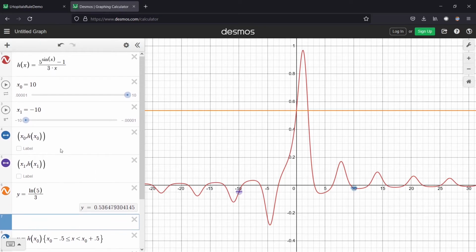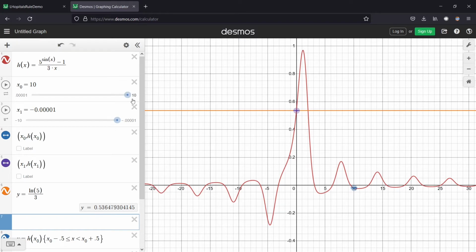And sure enough, as we take the limit from both sides, the limit from the left is this purple point right here. You see that as we approach 0 with x, the value of y is approaching the limiting value, ln of 5 over 3.